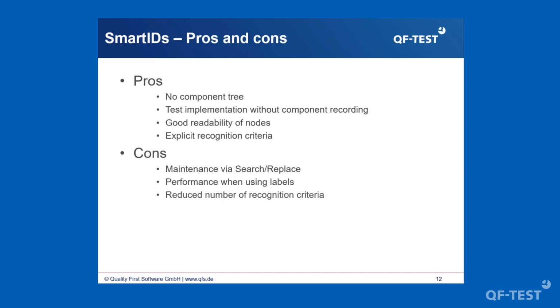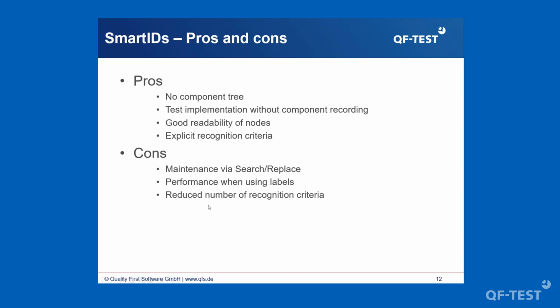And when you've got nested SmartIDs, the container component has to be a node, and then you can have the child component within as a SmartID, for example.